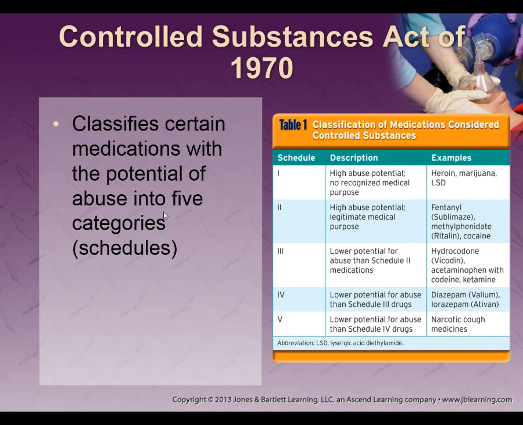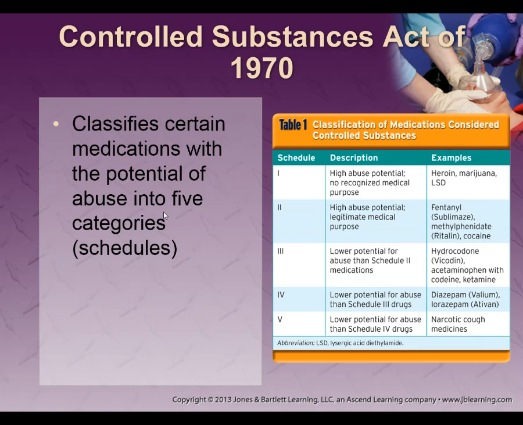So the Controlled Substance Act classifies medications that have a potential for abuse. There are 5 classes. Over at the right, you are going to need to know that table and some examples of it. A Schedule 1 drug is basically one that you can't get unless it's in medication trials, like the FDA is doing, or you can't get it legally.